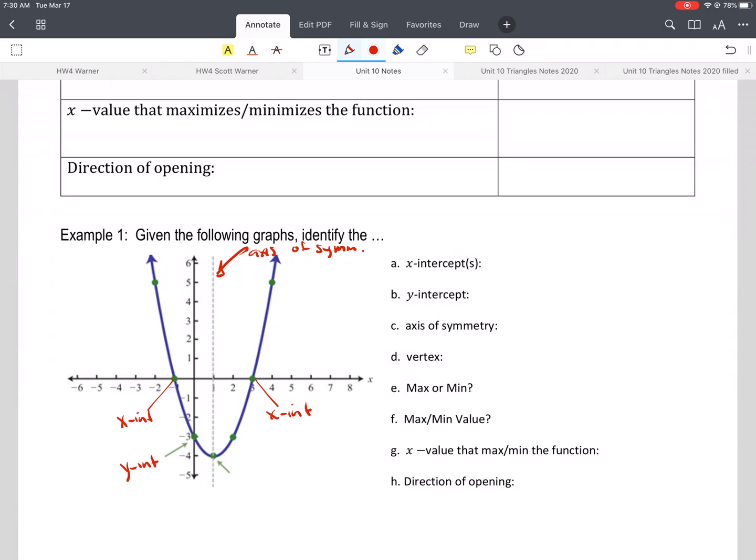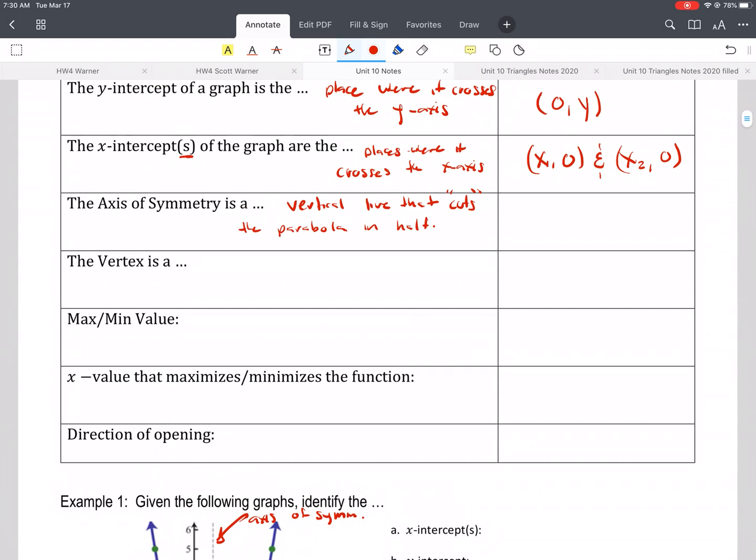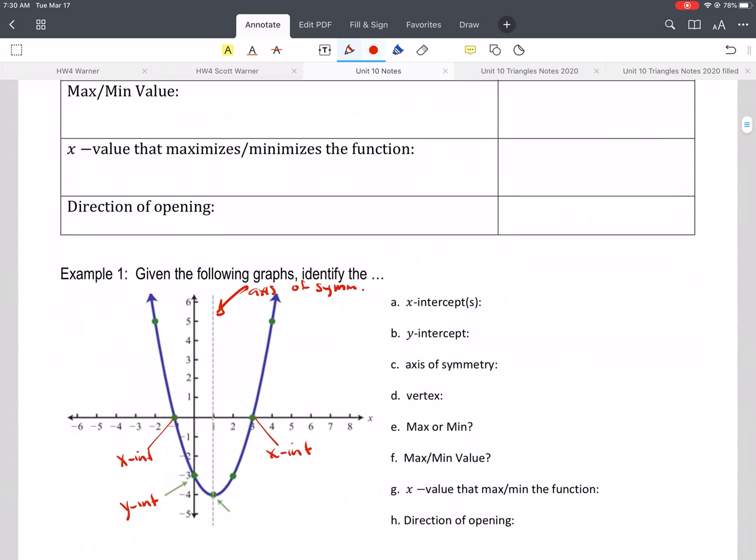It just cuts that parabola right in half. Our parabolas are symmetric, and that's why it's called the axis of symmetry. So if you were to mirror or fold that paper on that dotted line, then the two halves would be right on top of each other. This is written as an equation, x equals whatever that x value is, and we'll do an example of that.